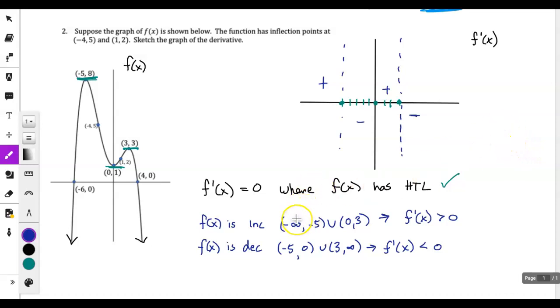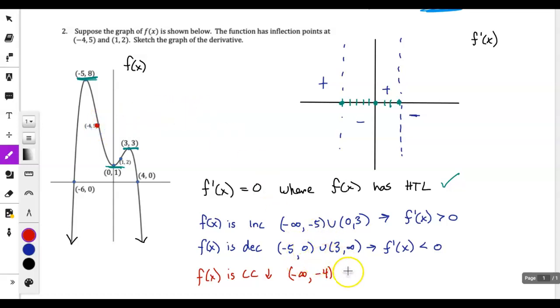Now let's deal with the concavity situation so that we can figure out where the derivative graph is increasing and decreasing. Okay, so f of x is concave down from negative infinity until negative 4 because they told us that this is an inflection point.